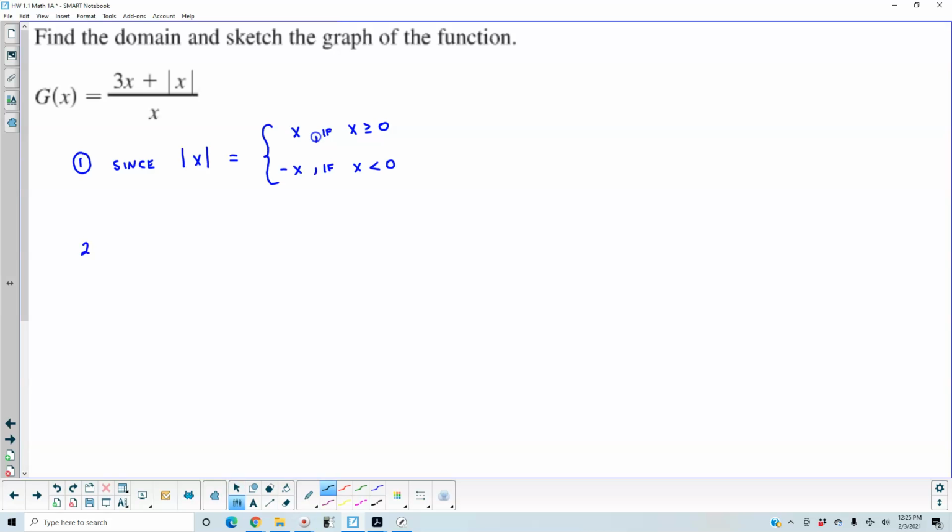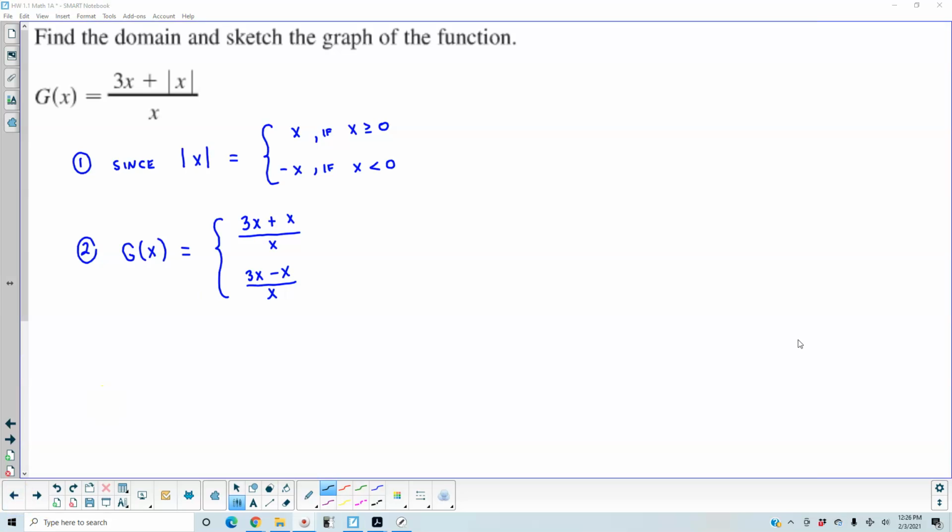So what that means here is that we have g of x, which is going to equal 3x plus x over x, and 3x minus x over x.